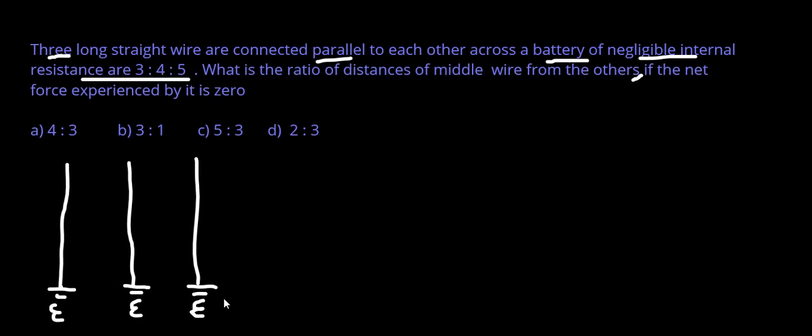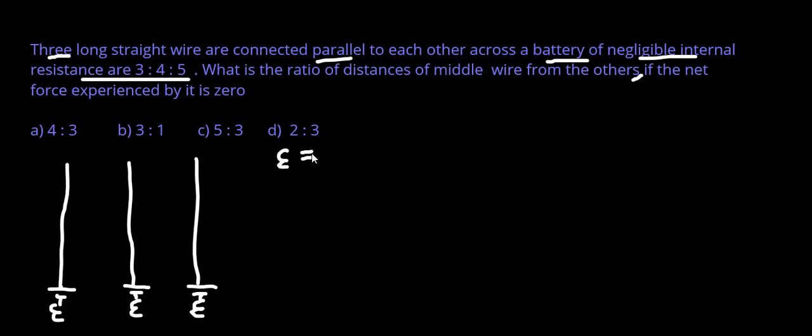Now the next thing we have to understand: this is the connection, these are batteries, and their internal resistance is going to be small. Normally psi represents the EMF, and EMF is equal to the potential difference.